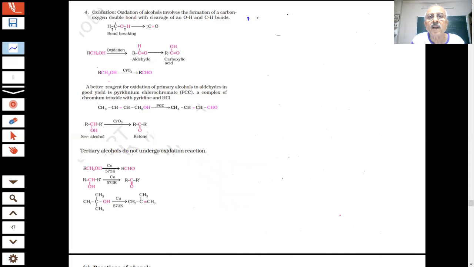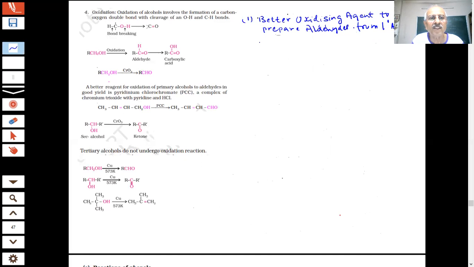Now there is a reagent, students. I'm saying a better oxidizing agent to prepare aldehydes from 1 degree alcohol, because the problem is that 1 degree alcohol is getting oxidized to carboxylic acid.